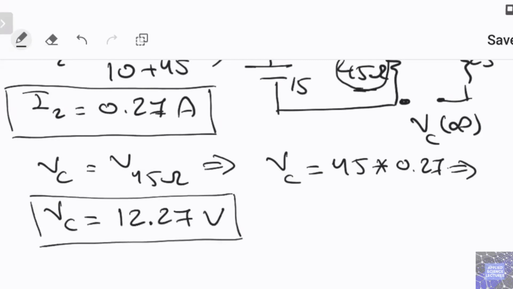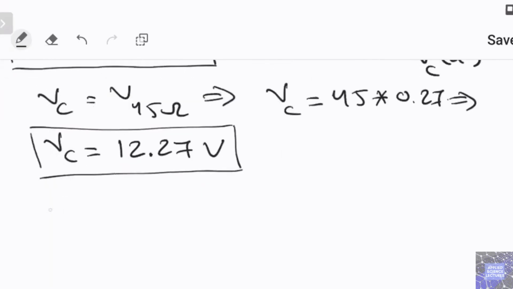Now if I found the voltage, then I can find the charge, since I have the capacitance. In this case I know that Q equals CV.